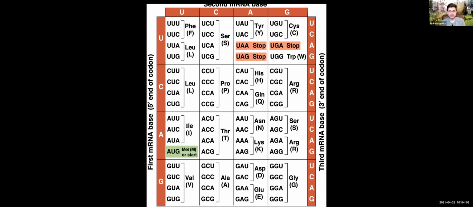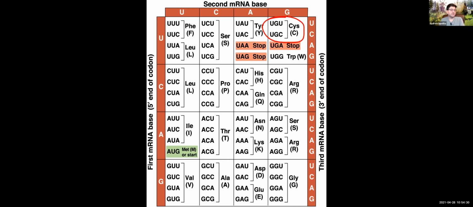Okay. This, I think, is from your book. I think this is another, and it's just a different way of laying it out. Right, so if you just step back and look at this, you can see more easily the multiple codons that correspond to a single amino acid, right? And so here, look at cysteine.